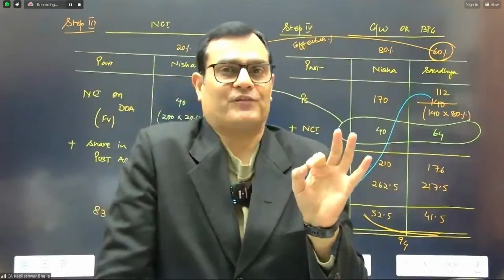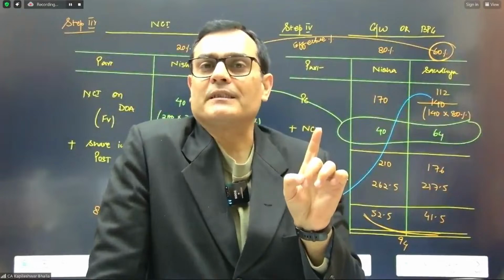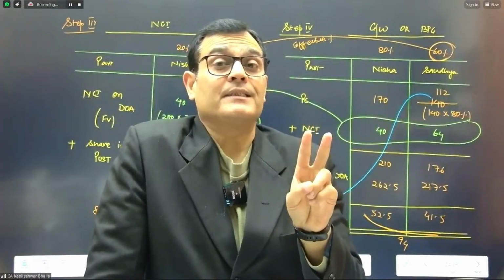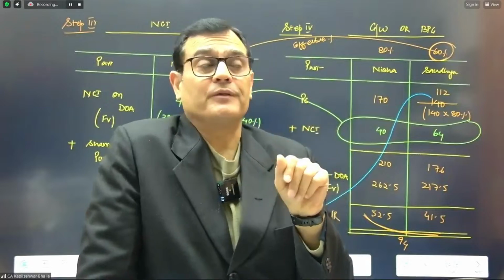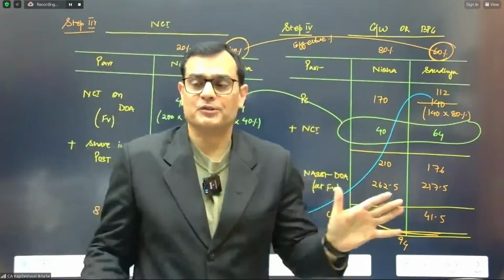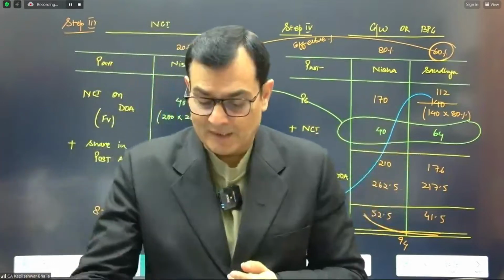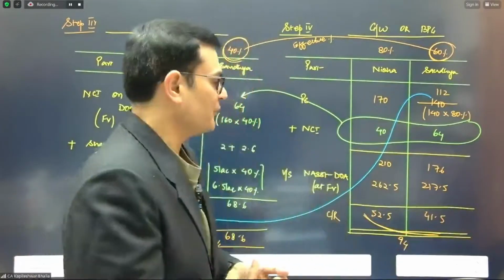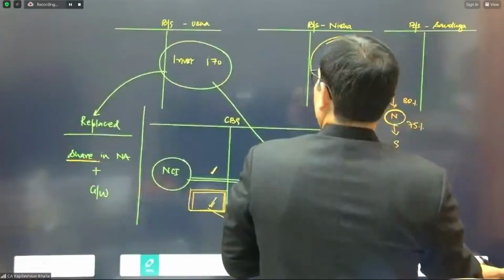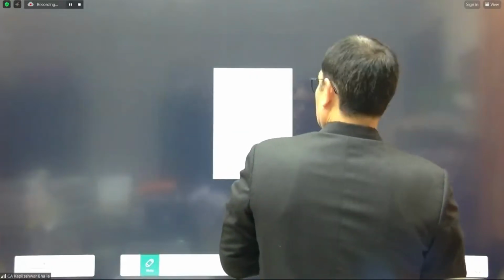So 3 focus points: getting the effective percentage in step 1, making a set off in the NCI, and considering only the effective percentage in the goodwill calculations. So far, so good. Now we are ready to go to step 5 as usual and step 6 as usual.